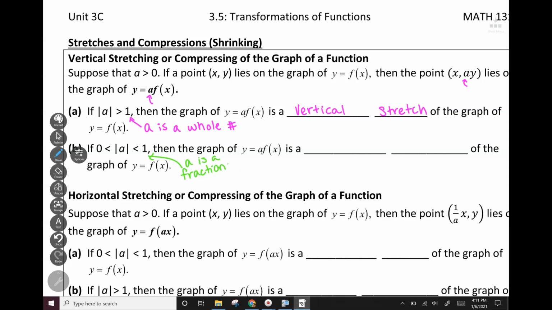Then the graph of y equals a times f of x is a vertical compression of the graph of y equals f of x. So compression, think that vertical direction again, up and down. Compression, you're squeezing it in. And so it's going to become shorter, which then makes it look a little bit wider, actually.